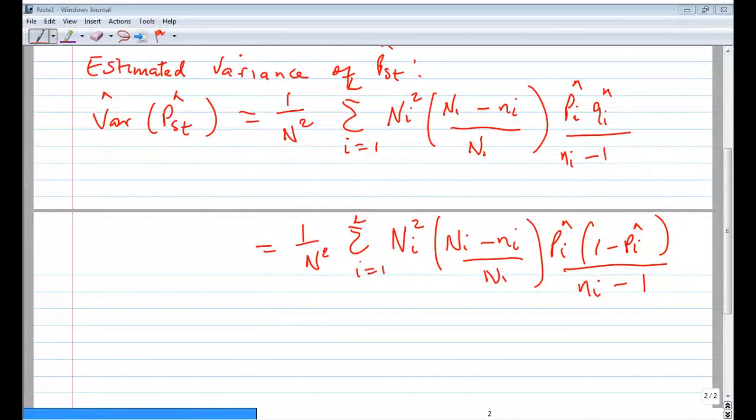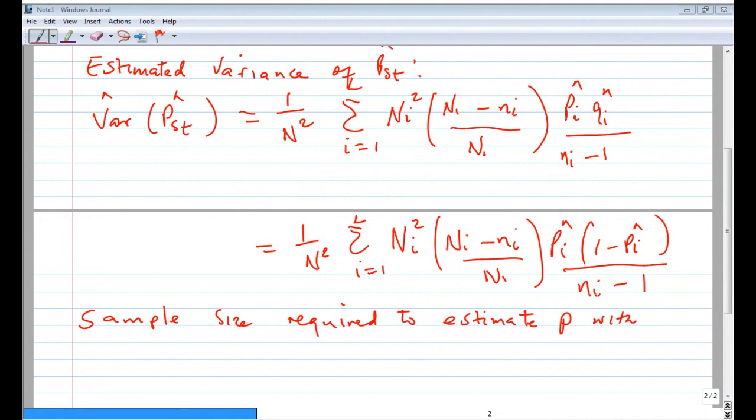The sample size required to estimate the population proportion with a bound on the error of estimation is given by this formula.